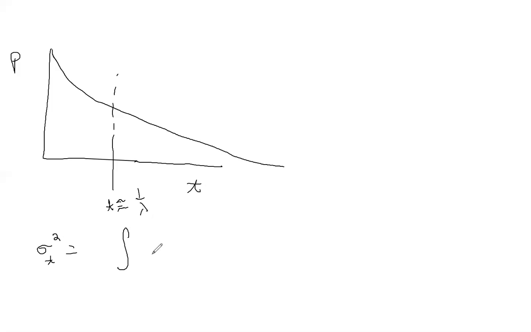So that would be e to the minus lambda t times lambda multiplied by t minus the average value of t, which is 1 over lambda, squared, dt.